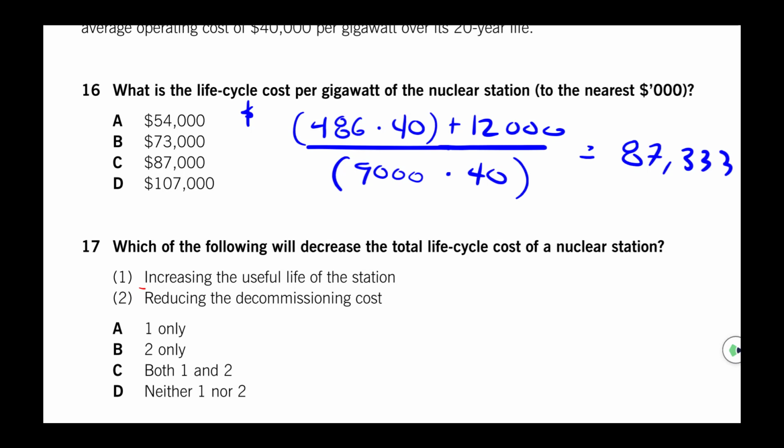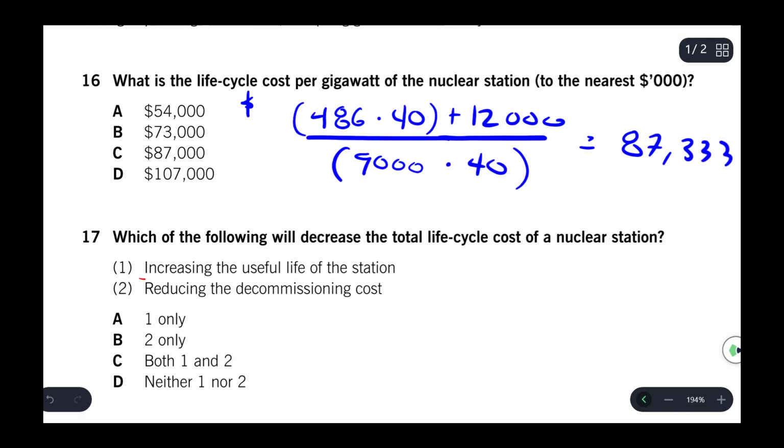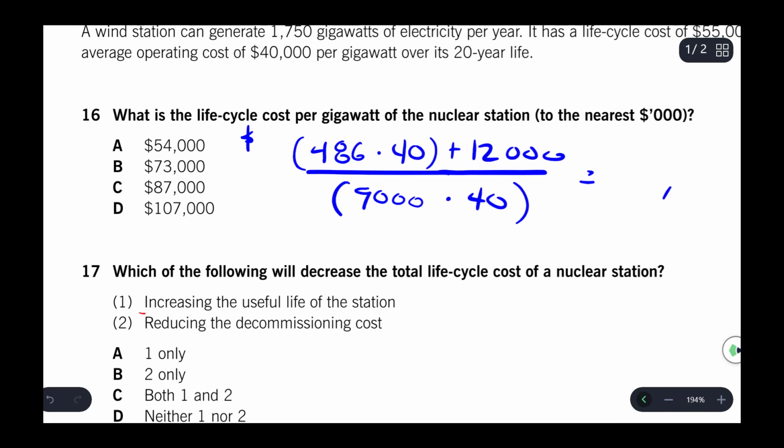So the closest answer then is C, 87 million, so the answer will be 87.